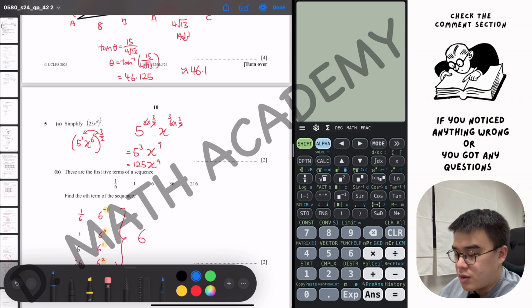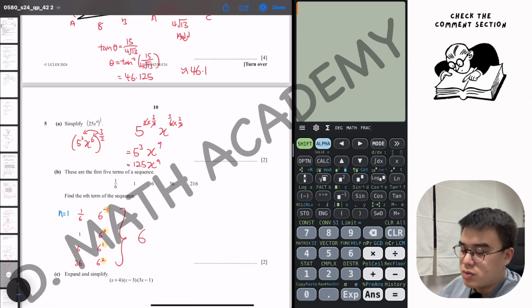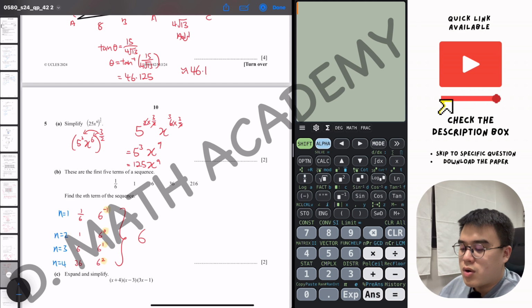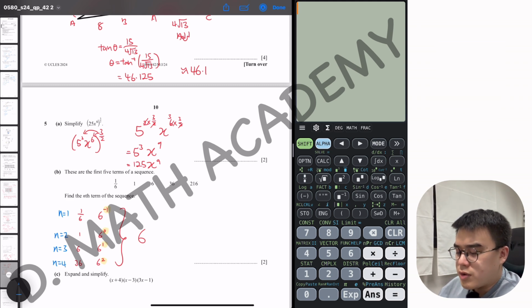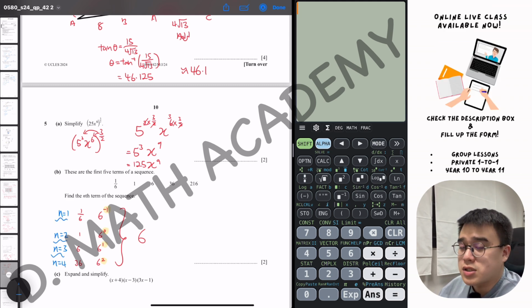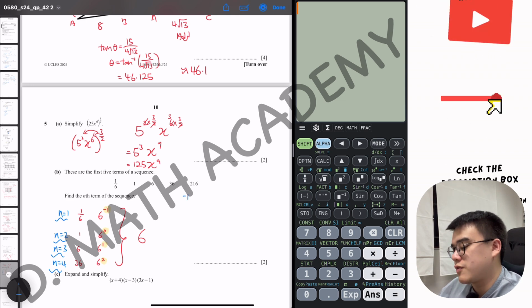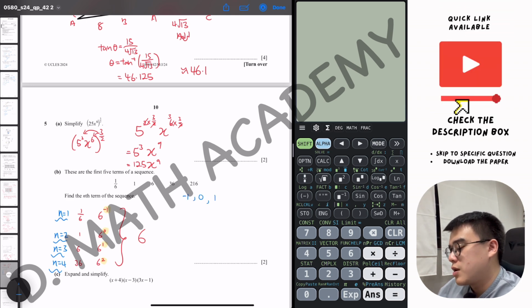So this is your n equals to 1, n equals to 2, n equals to 3, n equals to 4. So when you run a comparison, you're starting to ask yourself, how did 1 end up becoming -1? Okay, so you can also do this on the side, just focusing on the power.